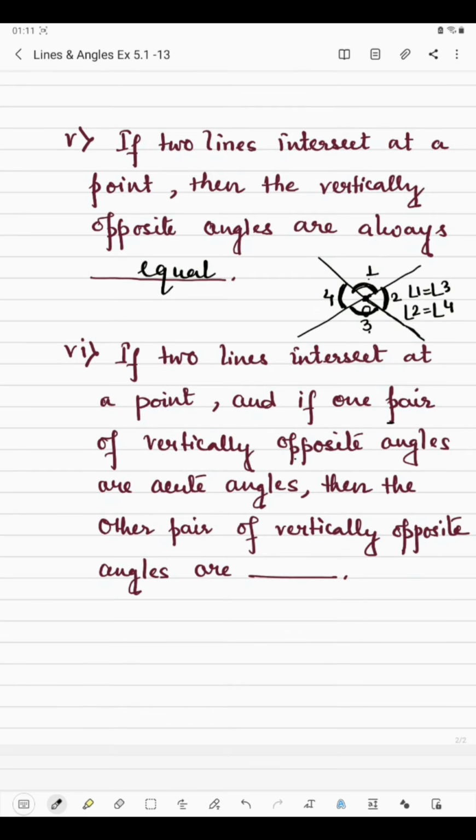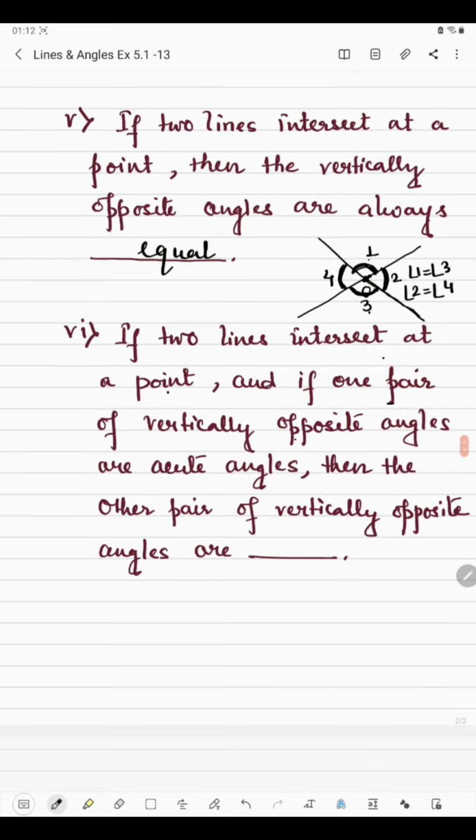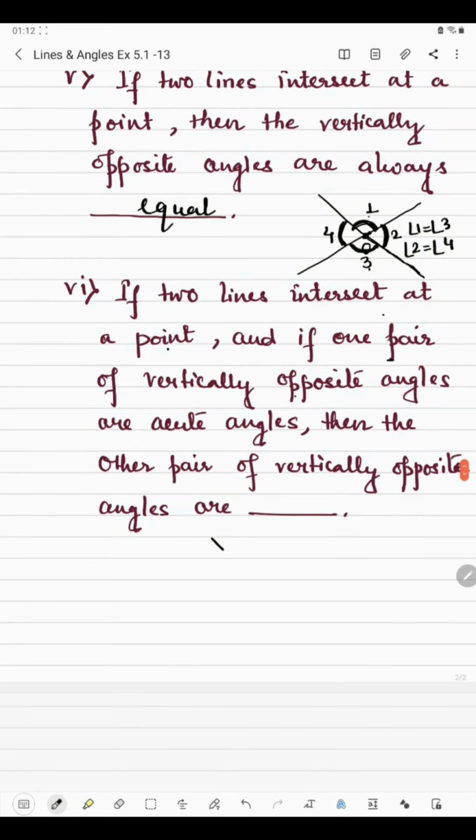Okay. Now in the last part we have, if two lines intersect at a point and if one pair of vertically opposite angles are acute angles, then the other pair of vertically opposite angles are dash. Now suppose two lines intersect at a point. Then angles formed in an opposite way are equal.